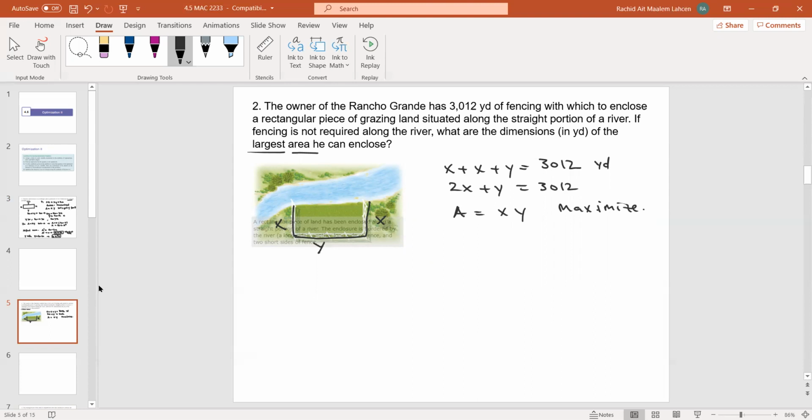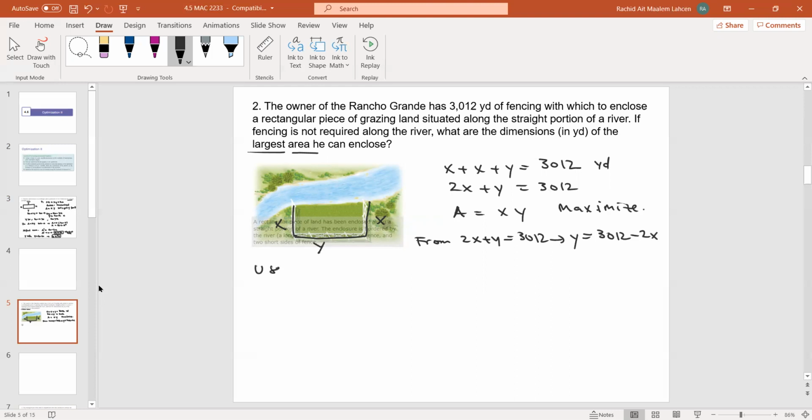Therefore, we need y to be switched in the form of x. So from the fencing, we solve for y, and we get 3012 minus 2x.